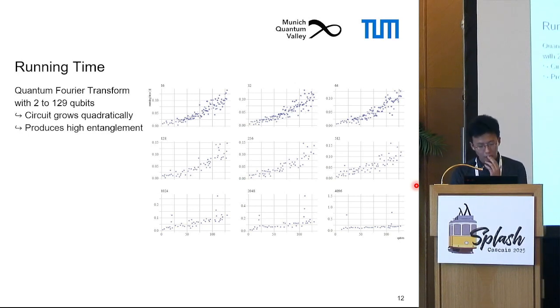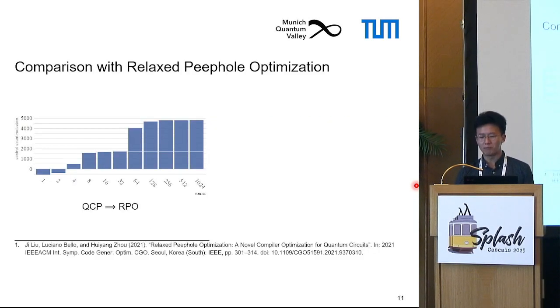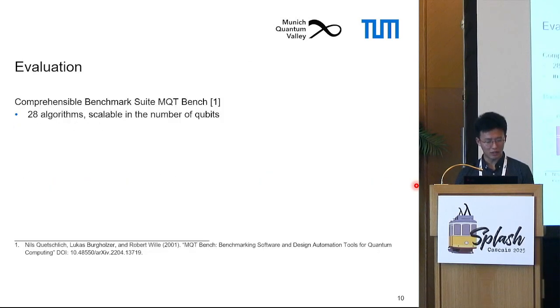Well, if the qubits in the circuit get crazily entangled, this is the situation which our optimization wishes not to touch. Let me give you one justification why.